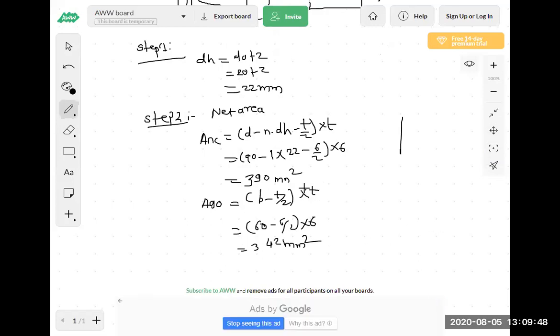So these 2 steps we have solved. First is the diameter of the bolt hole, and second is the net area.